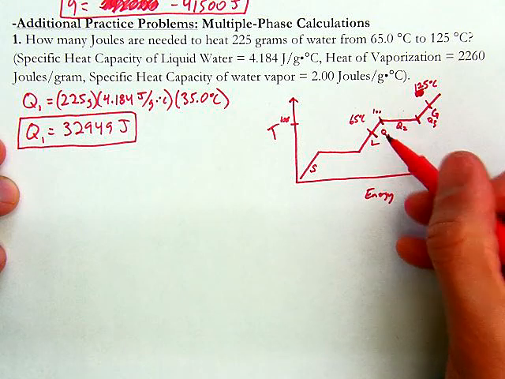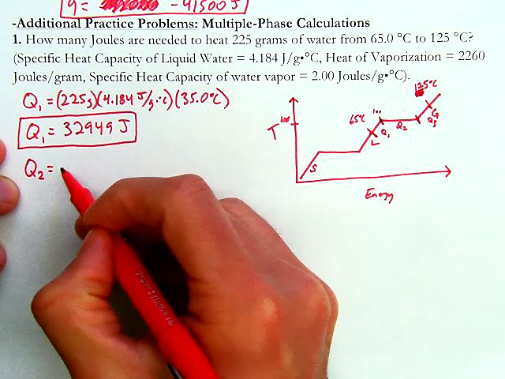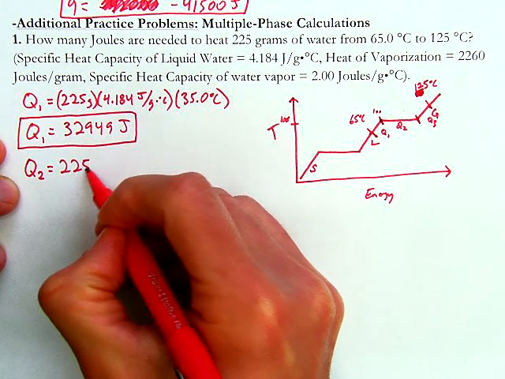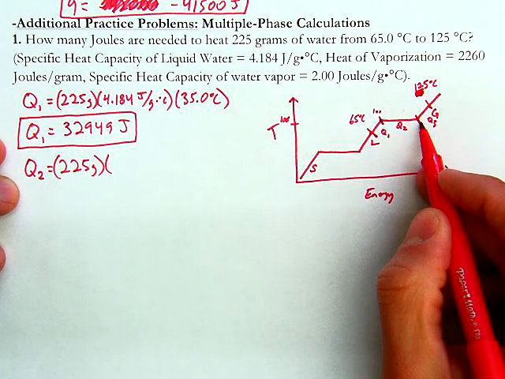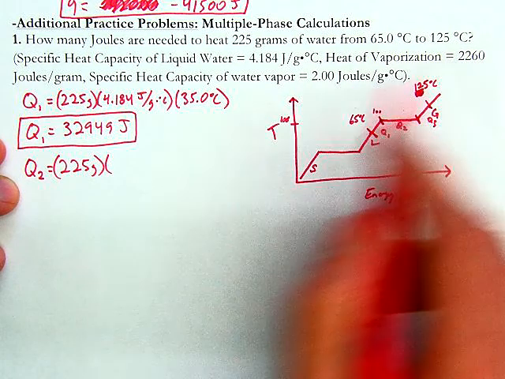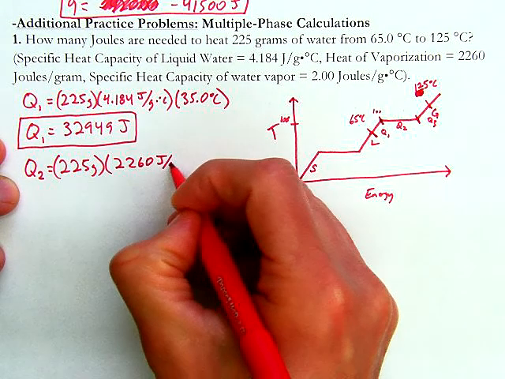You now have a phase change. So Q2 is going to be your mass, which is 225 grams, times the heat of phase change. Going from a liquid to a gas is called vaporization, so the heat of vaporization is 2,260 joules per gram.